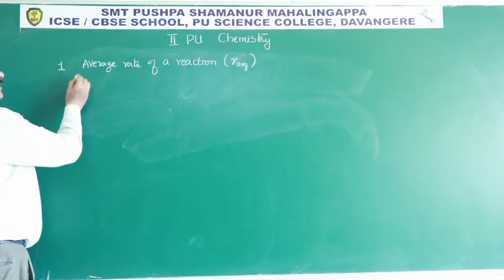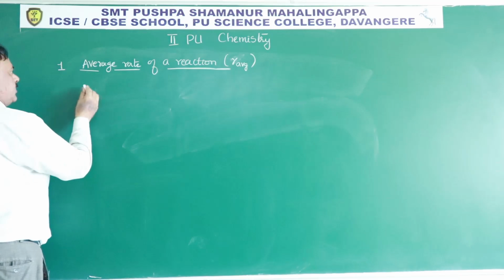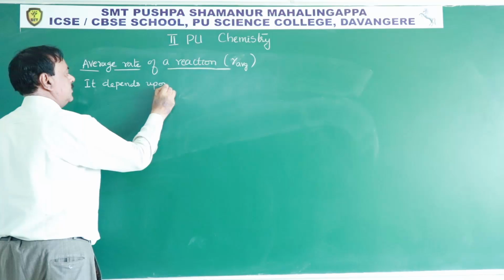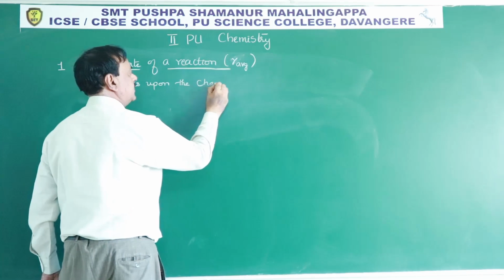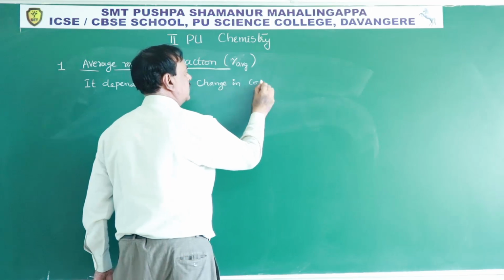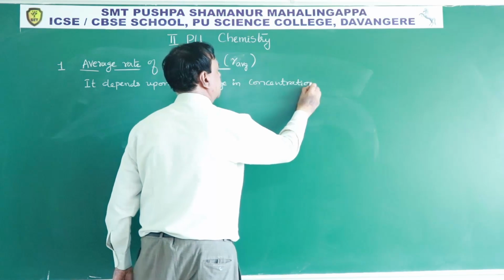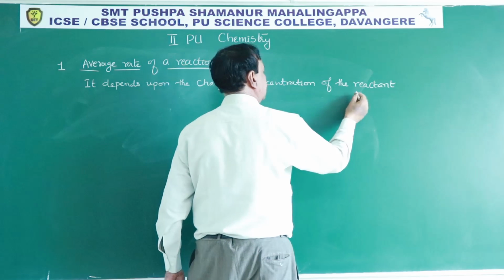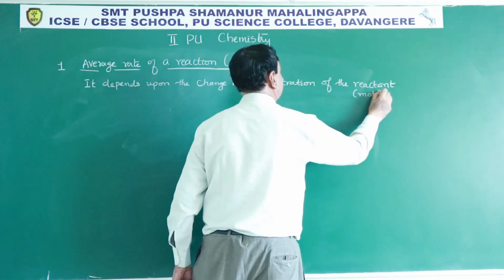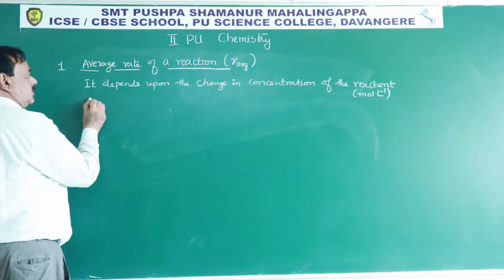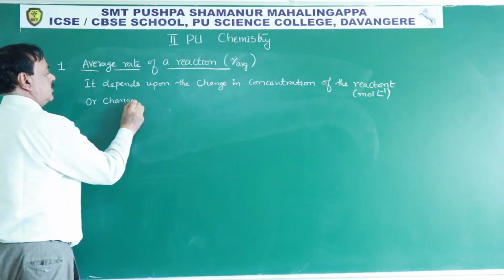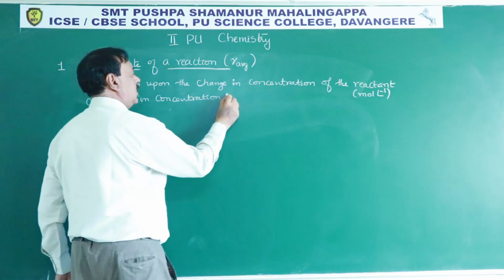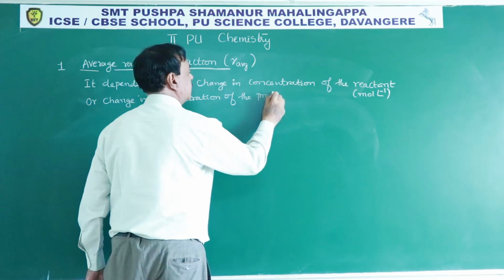Whereas the average rate of a reaction is directly proportional to, or depends upon, the change in concentration of the reactant, especially in terms of moles per liter, or the change in concentration of the product.